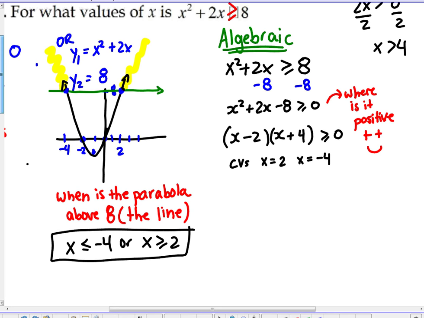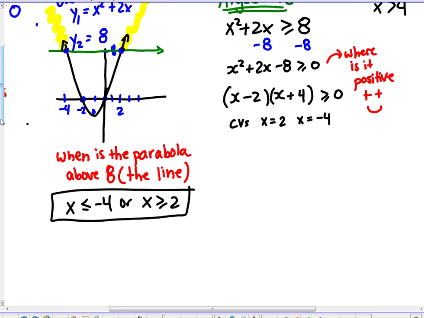So now what do we do? We draw a number line. And we need the points -4 and 2. Honestly, you don't have to draw all the numbers in between, unless you really feel like it. Just put your important numbers down, I say. Okay, and we'll divvy it up.